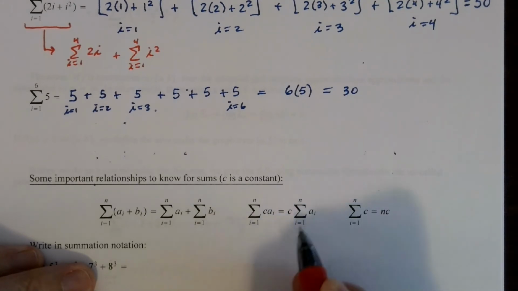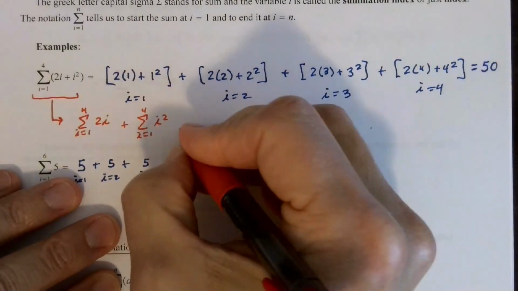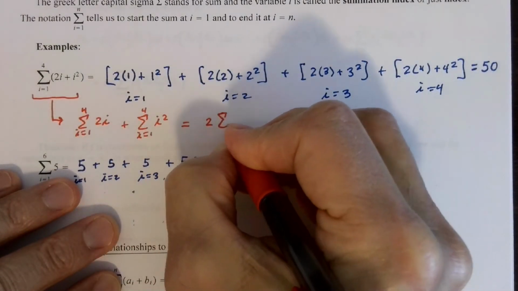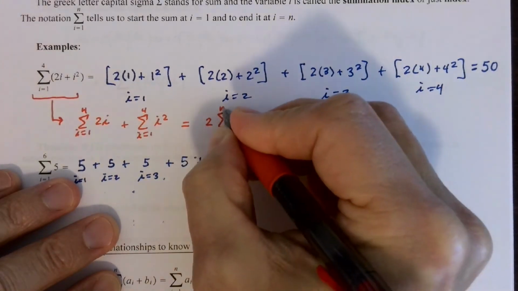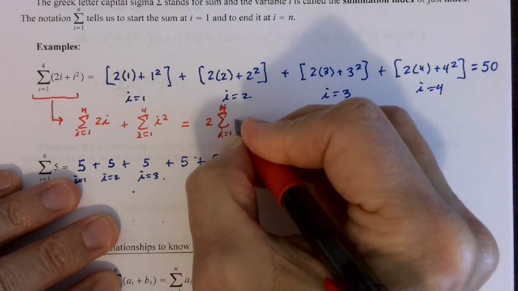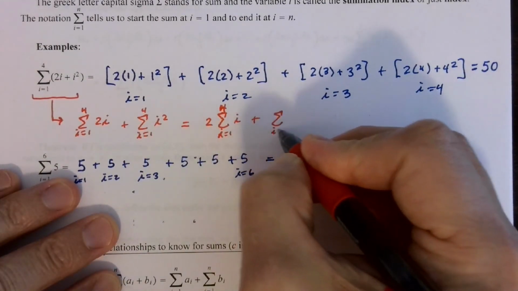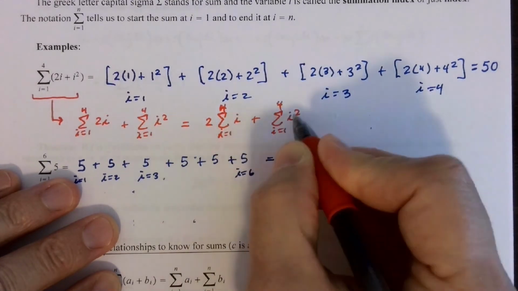Another thing is, if C is a constant times some expression, that constant can come out and I can do the summation and then multiply by the constant. In other words, right here, I could have written this as 2 times the summation i equals 1 to 4 of i. In other words, I can pull that out. I still have to have this one. Can't do anything with that. There's no constant multiple to pull out of that one.